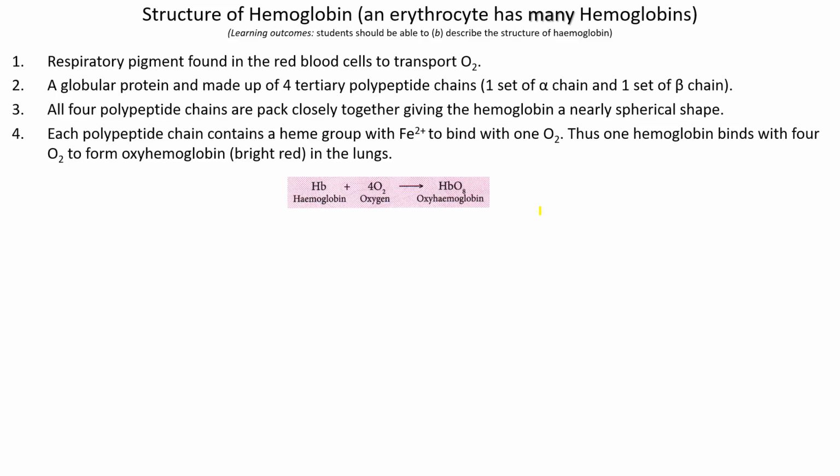So since we have four tertiary polypeptide chains, we have four heme groups, as well as four ferrum ions. So how many molecules of oxygen can one hemoglobin bind with? Should be 4 times 2, which is 8. Okay, 8 oxygens, or 4 molecules of oxygen, right?